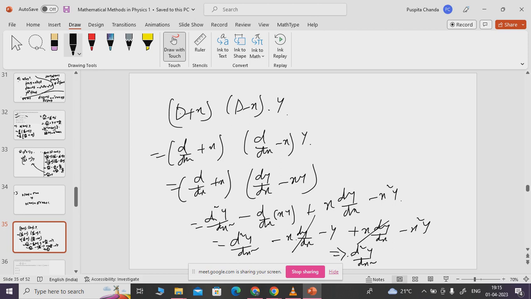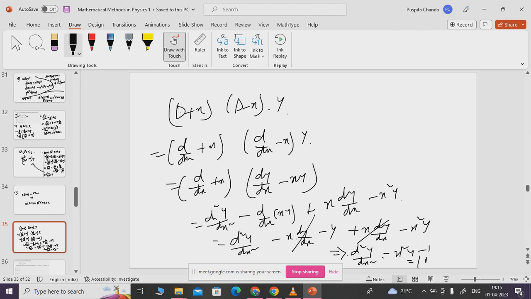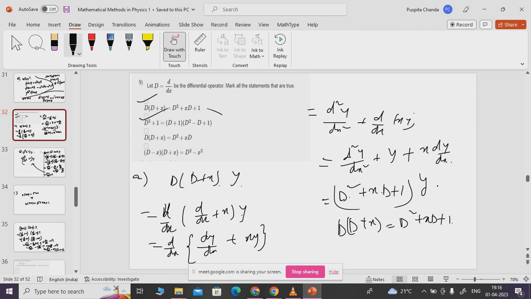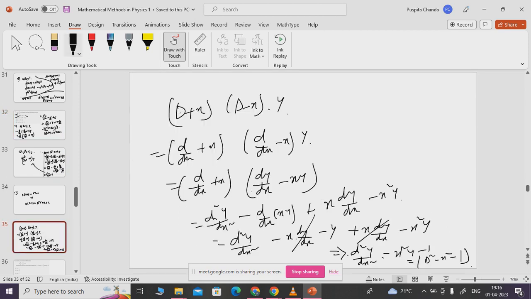This term and this term will go, so it will be d square y by dx square minus x square y minus y, which is D square minus x square minus 1.